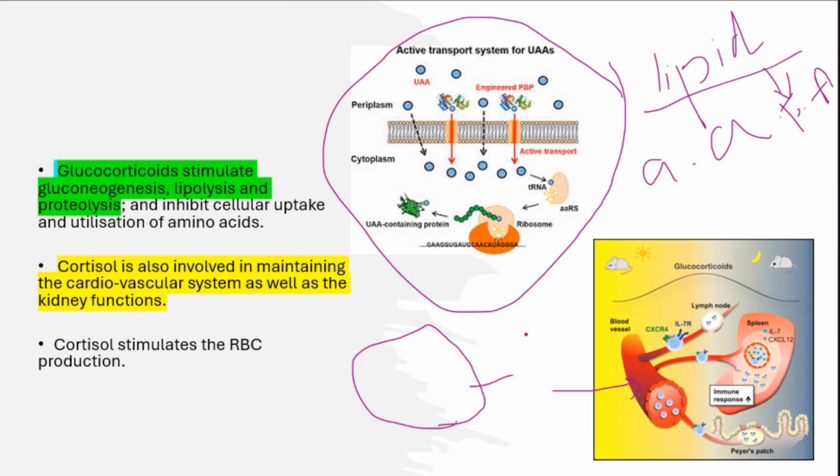Where will the RBC be produced? In the bone marrow. So it induces the production of RBC.